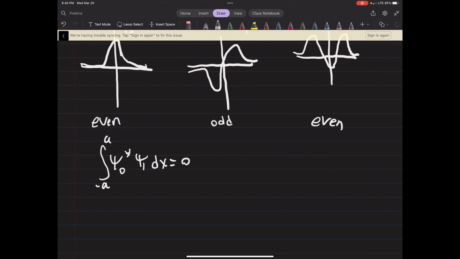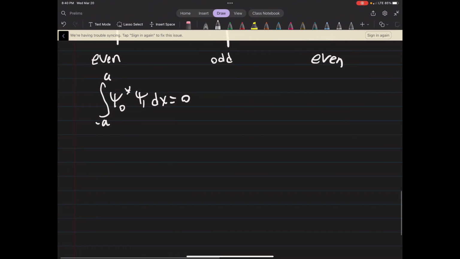So the only ones we need to check are really the two even functions. So the only part left is to show that the integral of psi 2 star psi naught dx is in fact equal to 0. And we already found these values, so all we have to do is plug those in.